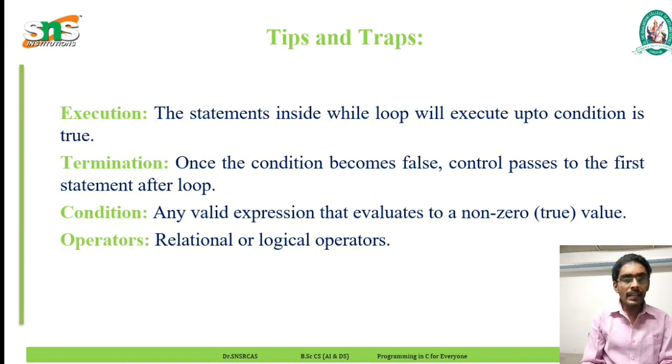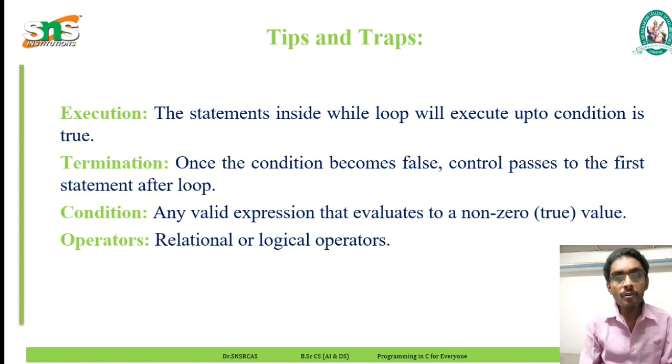And tips and traps while using looping statements. While executing looping statements, the while loop executes as long as the condition evaluates true. Termination happens when the condition becomes false, and control passes to the first statement after the loop body.